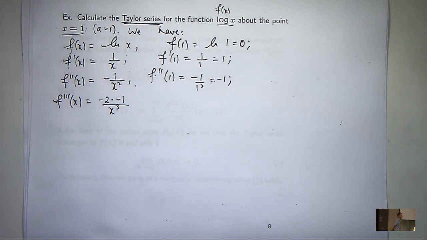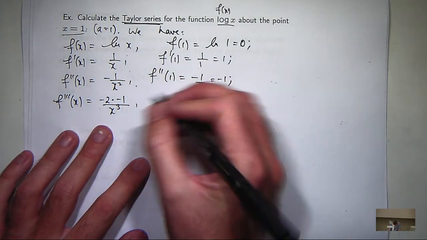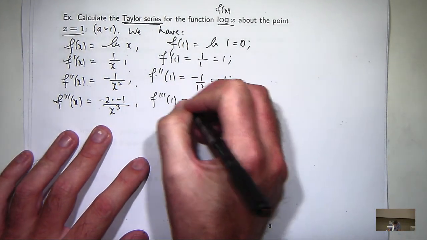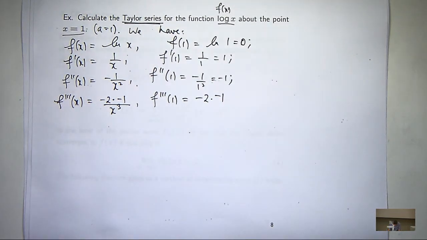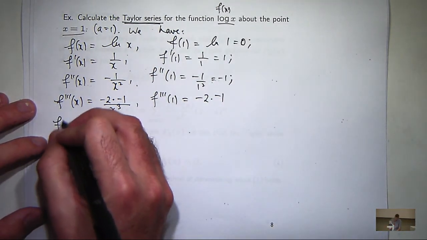Well, let's try to collect our thoughts and see what's happening. So at x equals 1, we have the following. I'm just going to worry about the derivatives at the point there.